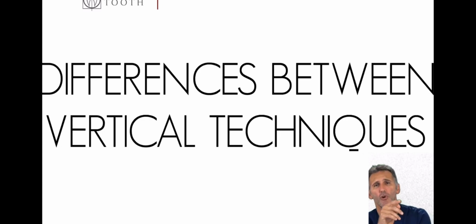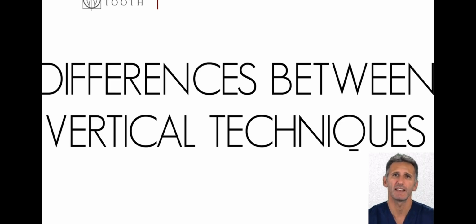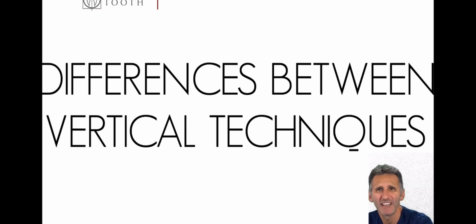But not all the vertical techniques are the same. I want to stress this, because the leading vertical technique does a huge removal of dentin. So we do a vertical technique, but biomechanically speaking, we have a strong weakening of the tooth.